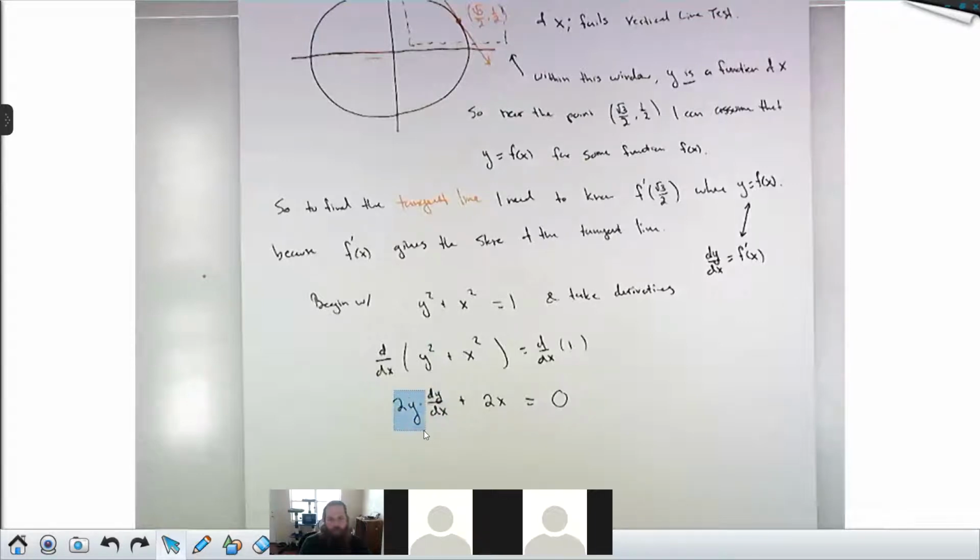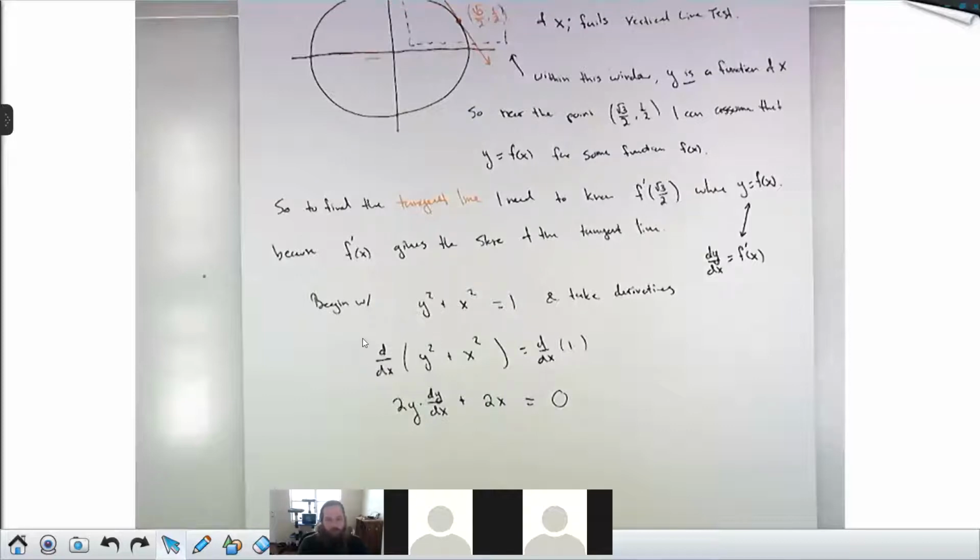This is the derivative of the outer with the inside left alone, and then this is multiplying by the derivative of the inner. The inner function here is y, so the derivative of the inner is y primed, or dy dx. You can think of us as doing the same thing here: I'm multiplying by the derivative of the inside. The derivative of the inside is just the derivative of x, which is 1, so we don't write it.